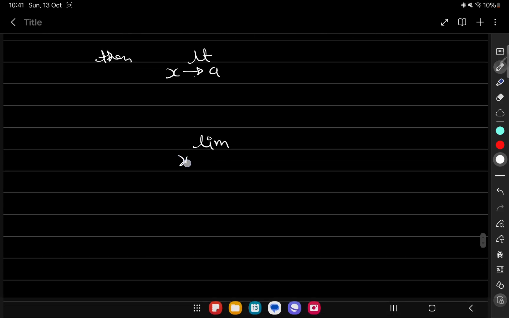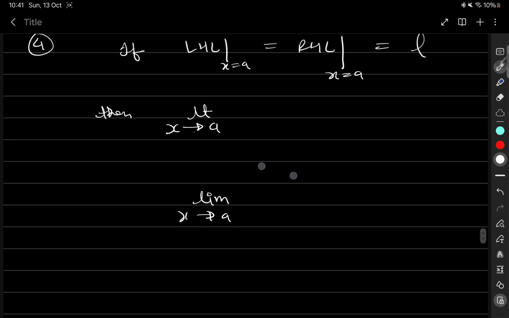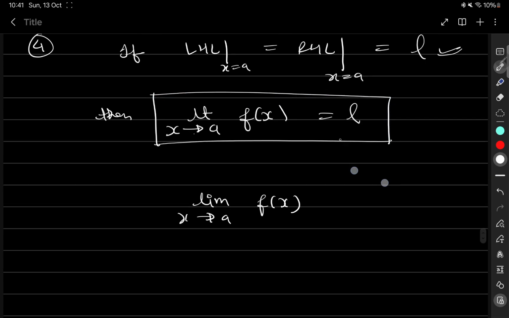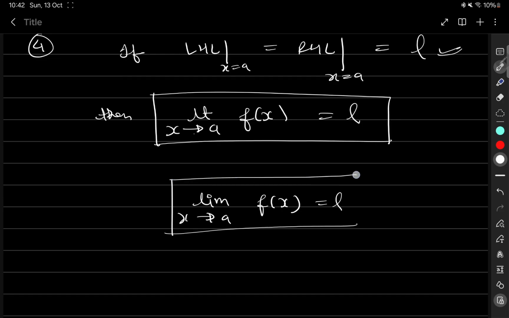So x tending towards a, function of x is equal to L. Whatever L we get, that is our answer. So these are the two representations of limit. Okay, got it or not?